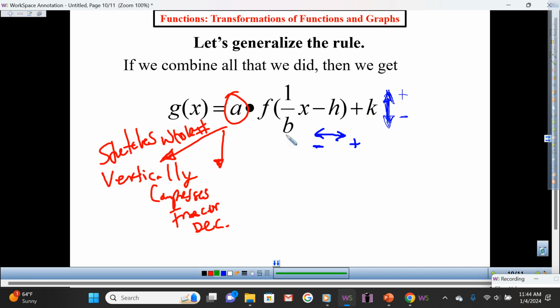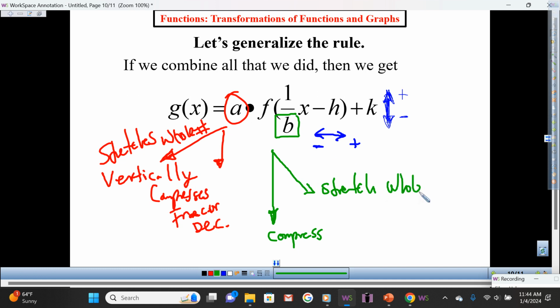So with green, circle or box, b. It's going to stretch or compress. Same thing, stretch if we substitute here a whole number. Compress if we substitute a what?